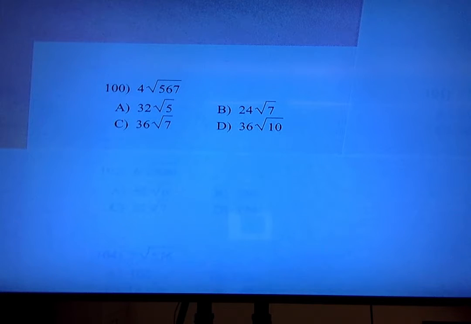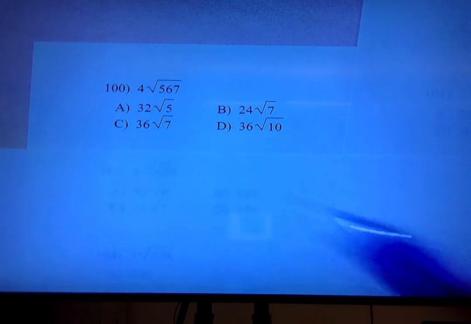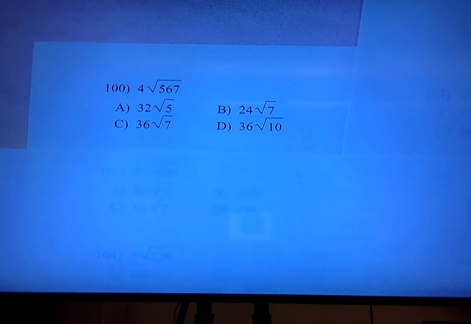2 times 2 is 4, 3 times 3 is 9, 4 times 4 is 16. So if we can think of any factors of 567 that are perfect squares, like 4, 9, 16, 25, etc., then we have to pull those out. Now, when you have a big number like 567, it might be hard to think of what the perfect squares are, so you can guess and check.